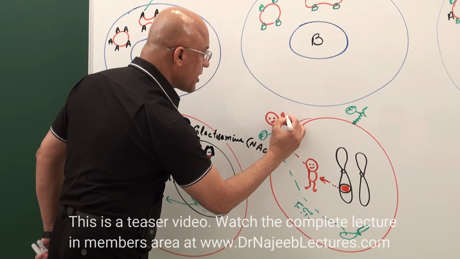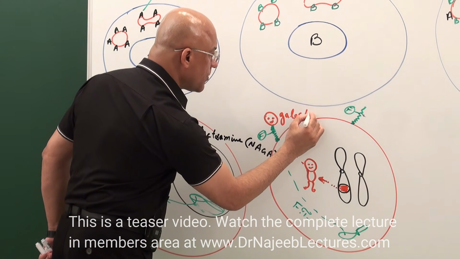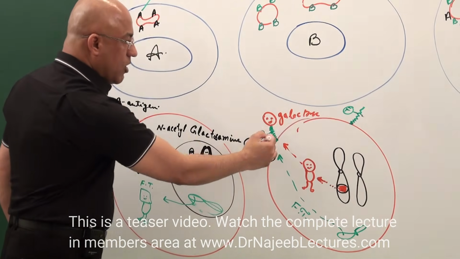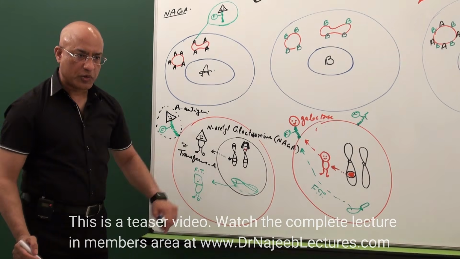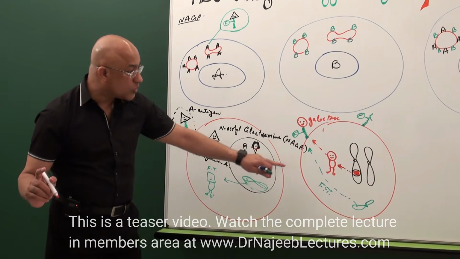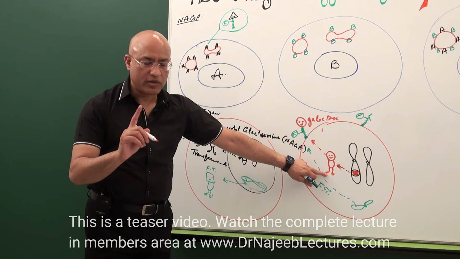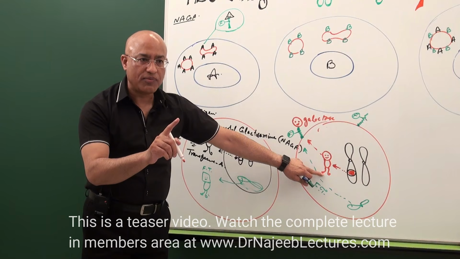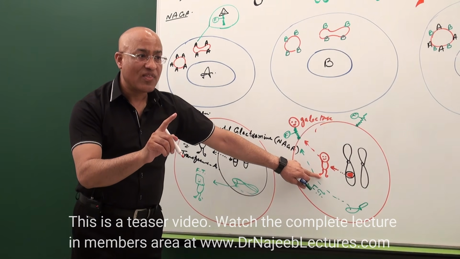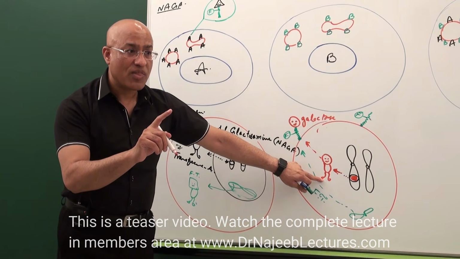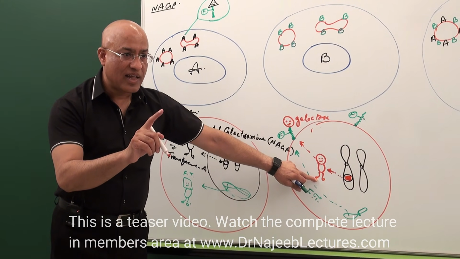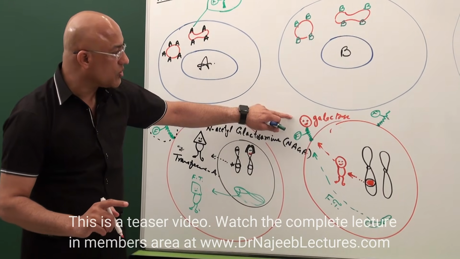What is this? Galactose. So whatever H substance is produced in this person is due to the production of which transferase? Galactose transferase. We are having galactose attached over here.